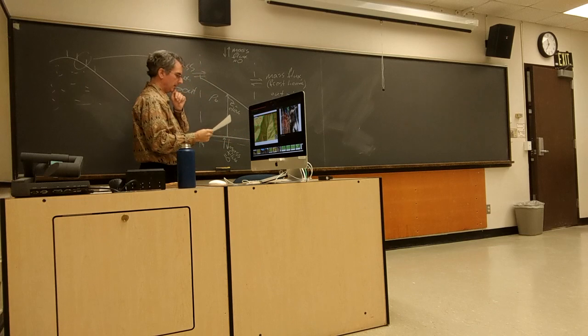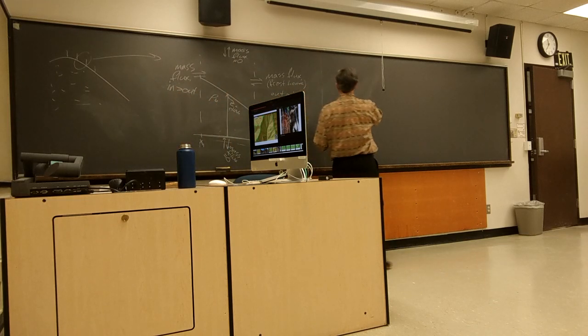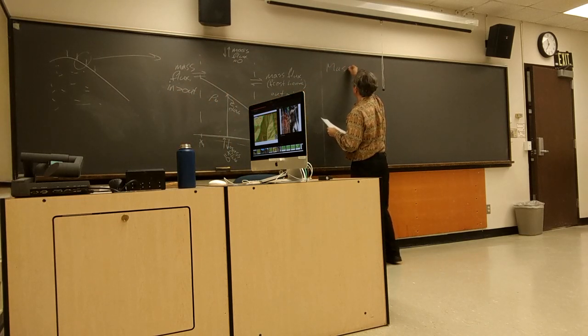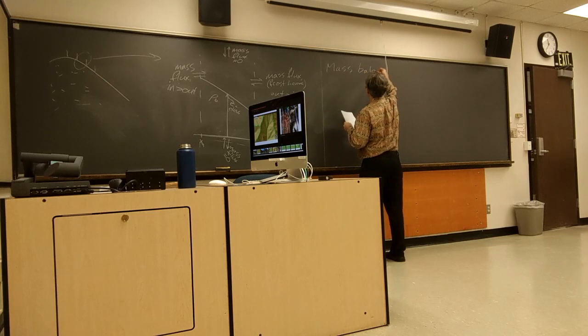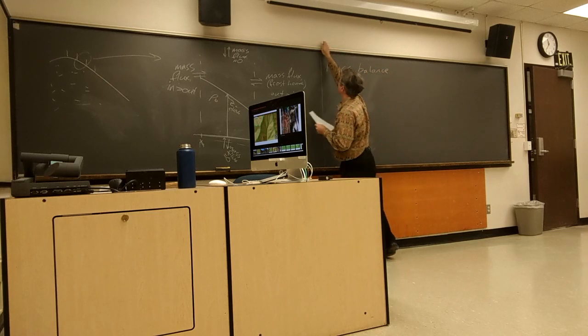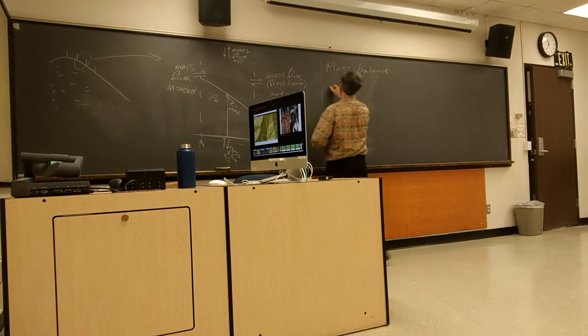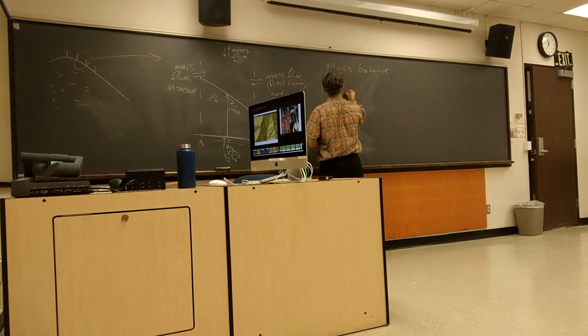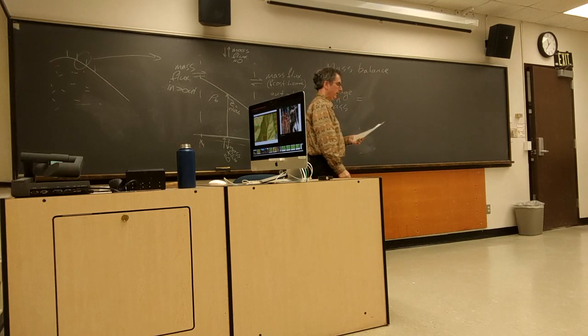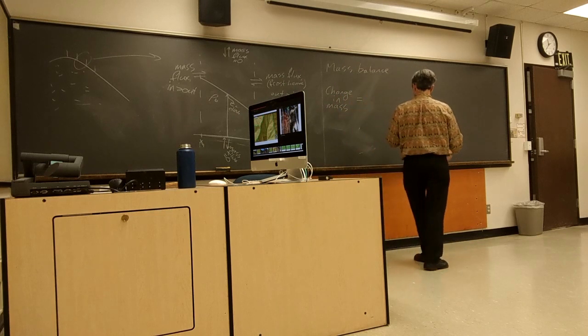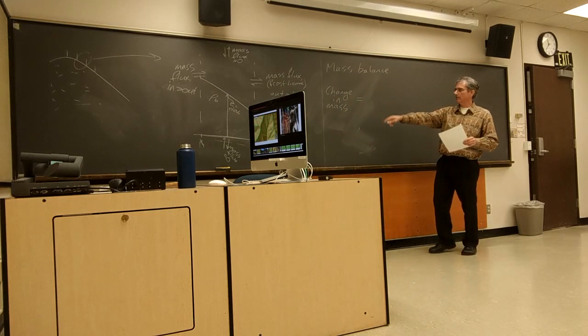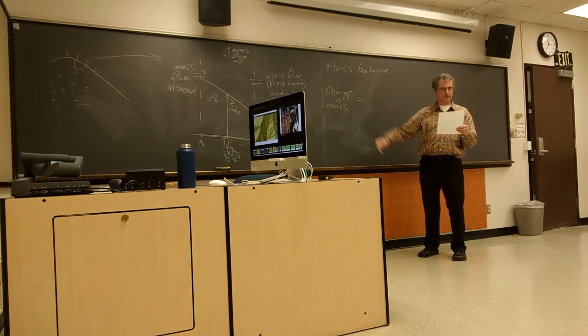All right. So let's set up our mass balance. We'll say, okay, I want to solve for my change in mass. And my change in mass is going to be, in this case, simply adding up the fluxes on either side and multiplying by time.